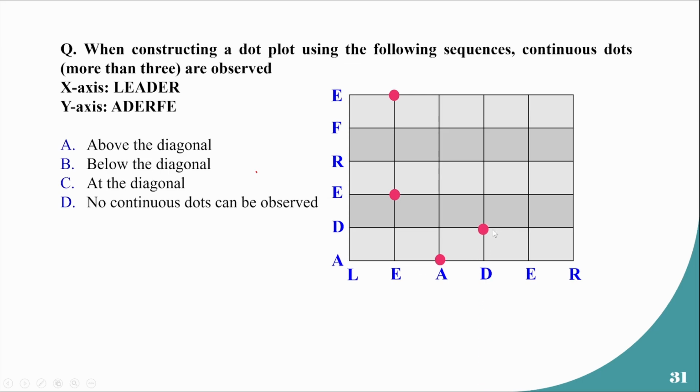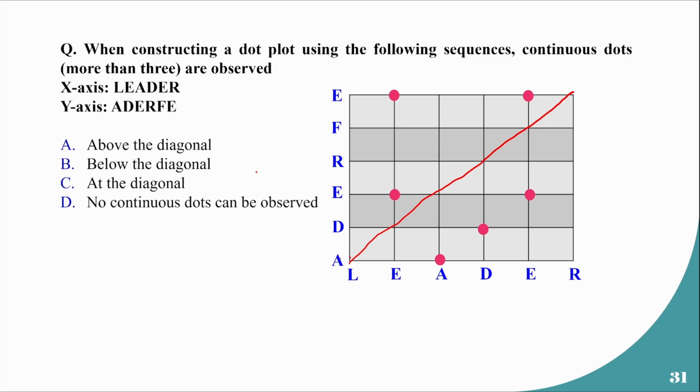And then here you will see the aspartate and aspartate matching. And then here you will see two glutamates matching together, right? So you will see this diagonal, a continuous set of three dots in the form of basically a line. So that is forming below the diagonal. The diagonal, in this case, will be this. Okay.